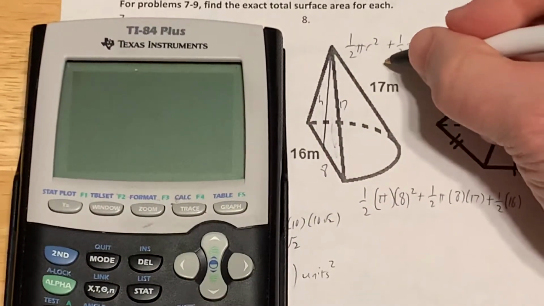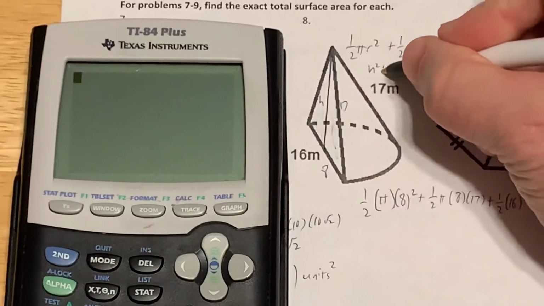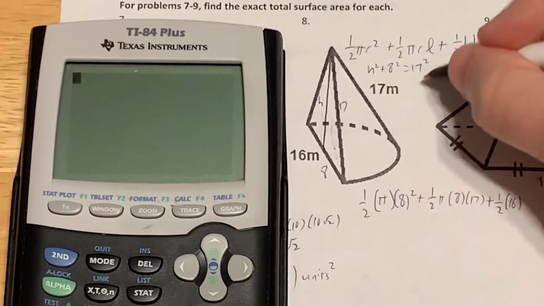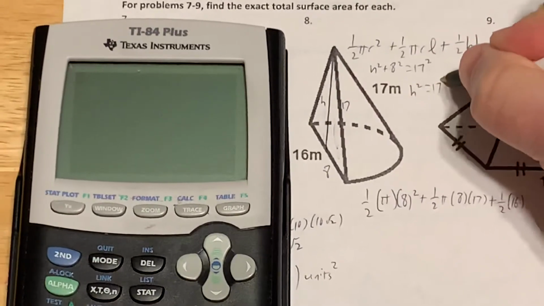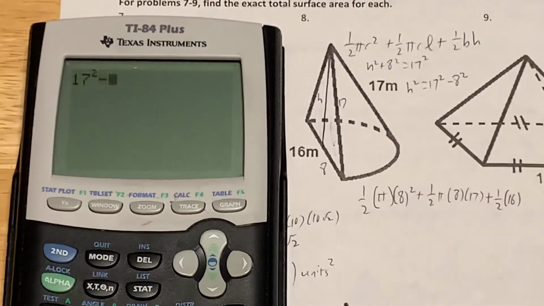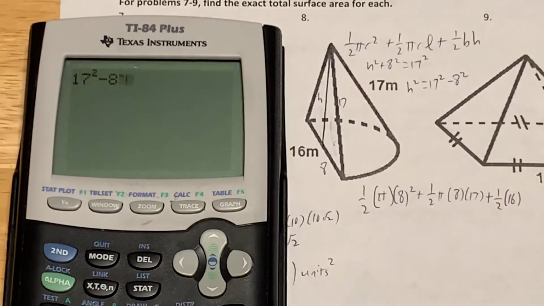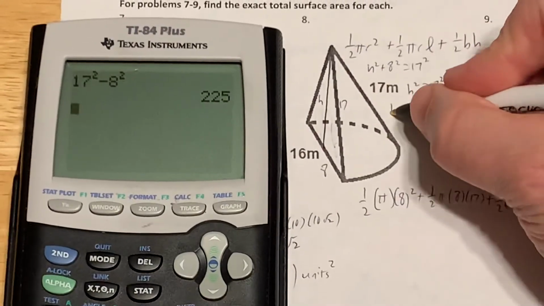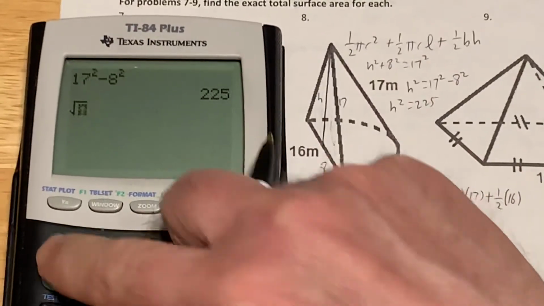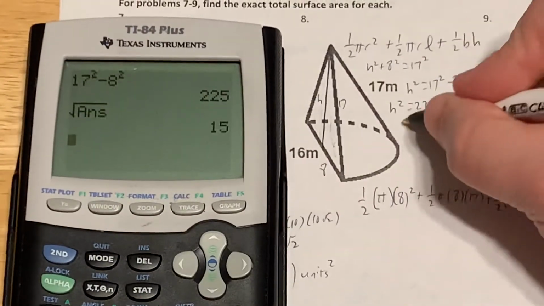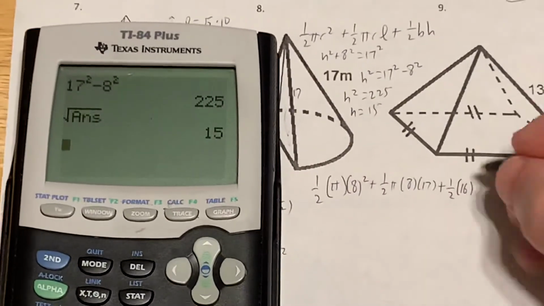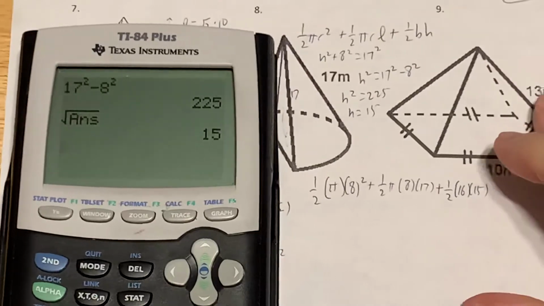So by the Pythagorean theorem, h squared plus 8 squared is 17 squared, which means h squared is 17 squared minus 8 squared, or 17 squared minus 8 squared is 225. h squared is 225. Take the square root. h is 15. So, times 15.